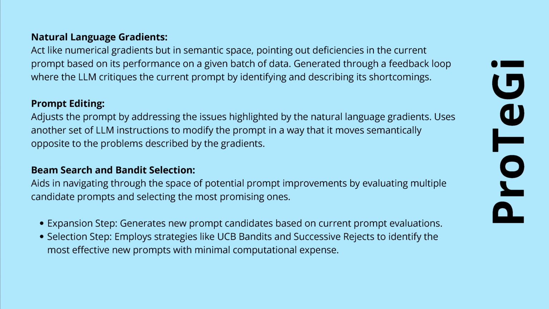So we are now operating here on a semantic level, but what they do, they generate here through a feedback loop where the LLM critiques the current prompt, either from itself, but better is you have two LLMs, by identifying and describing its shortcoming.